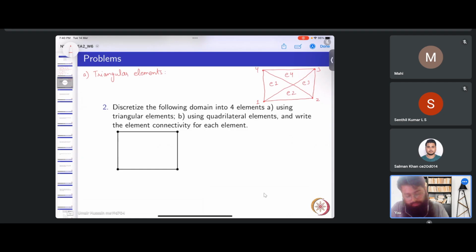Then what do we get? For the connectivity for element 1 would be, sorry, we have one extra node. So 5. Yeah, so can someone tell me what would be the connectivity for element 1? So we usually go anti-clockwise. If you remember, we might have discussed this element connectivity in the first or second week.